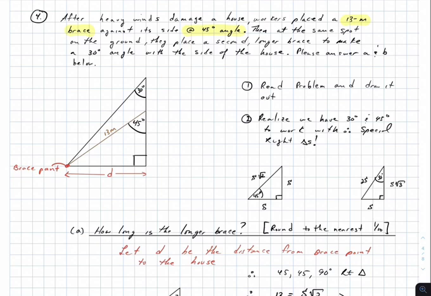So, what was the other piece of information when reading through this? Well, there's another brace at 30 degrees. Okay? And that's exactly what I did. Longer brace against the house and makes a 30-degree angle with the house.